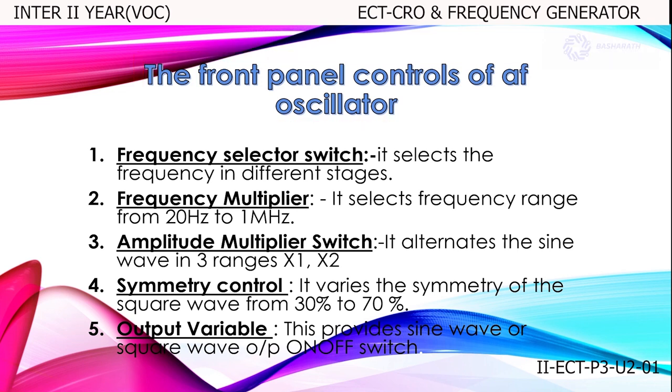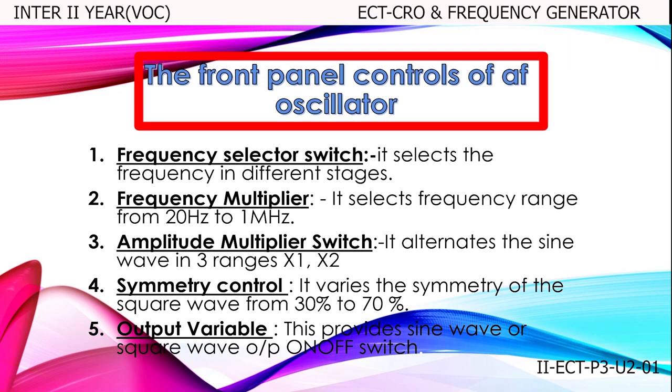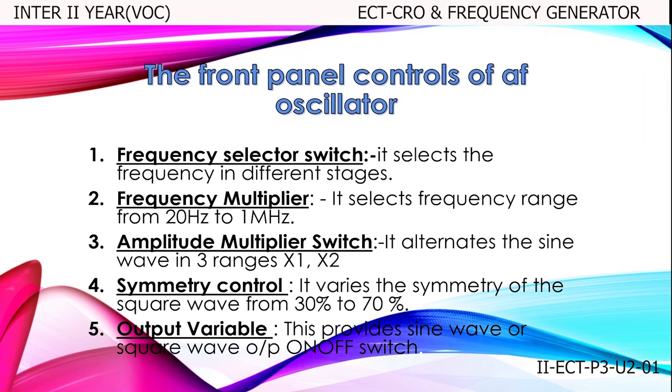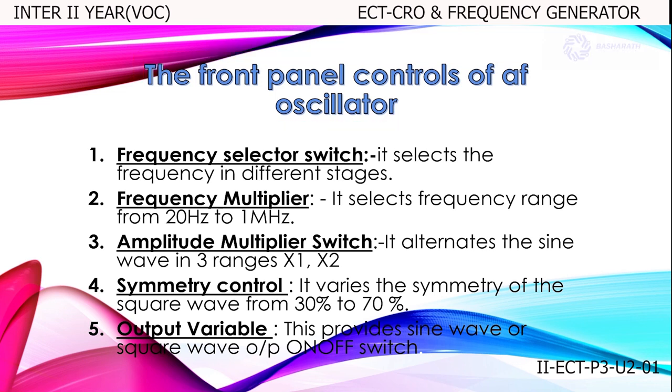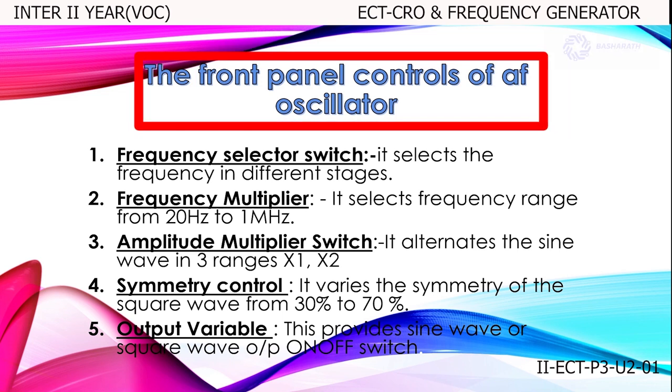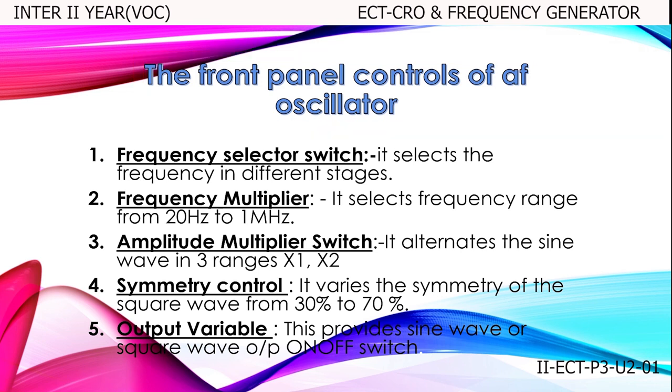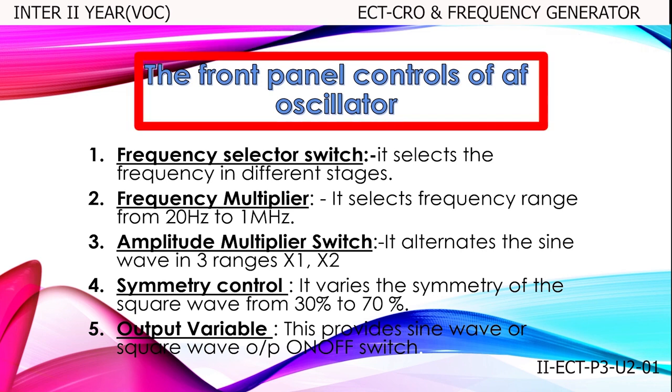Amplitude multiplier switch: it attenuates the sine wave in 3 ranges, x1, x2 and x3. Symmetry control: it varies the symmetry of the square wave from 30% to 70%. Output variable: this provides sine wave or square wave output, with an on-off switch.